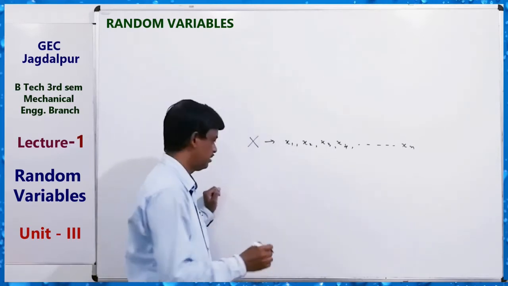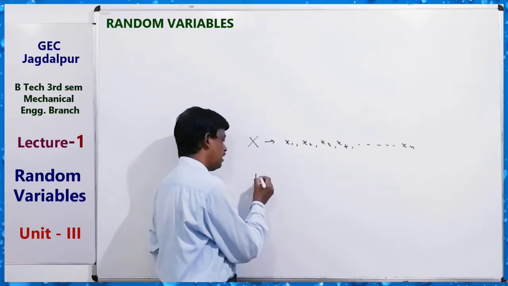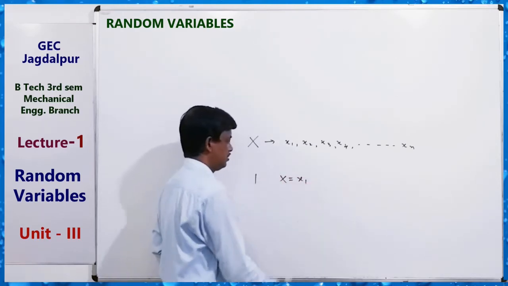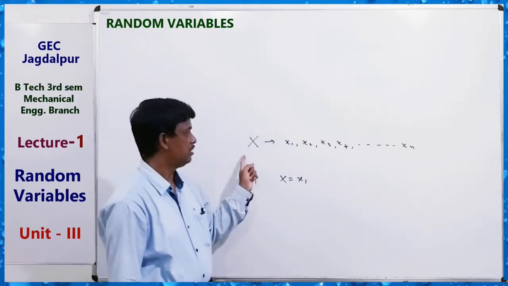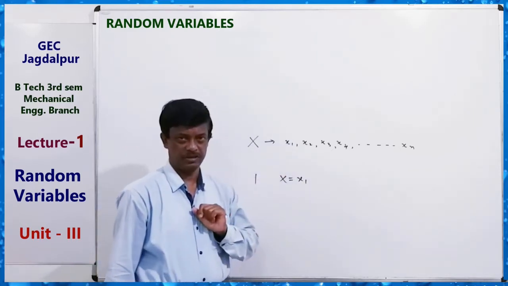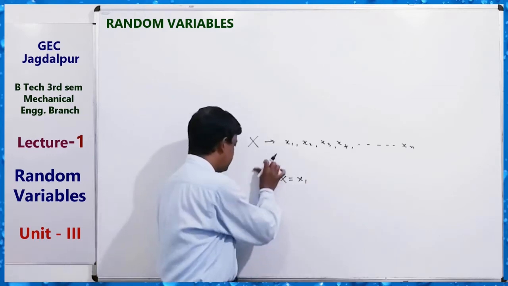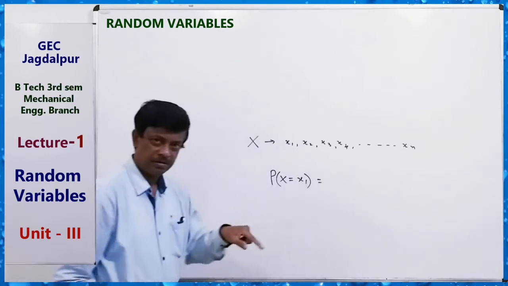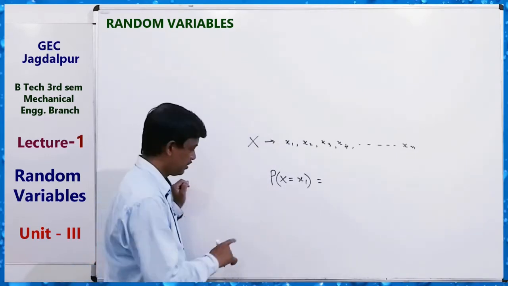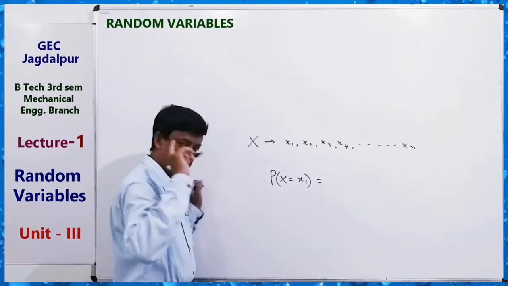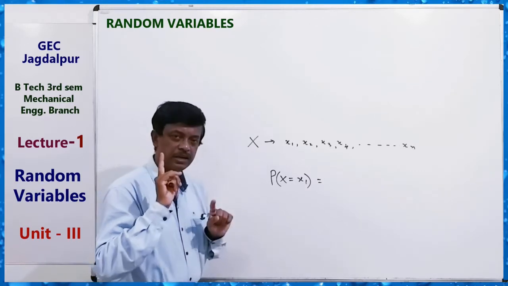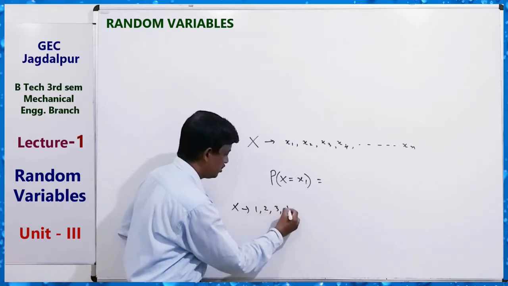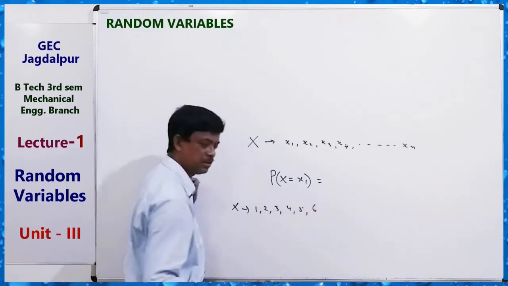When x equals x1, when the random variable takes x1, then the probability of this means, just consider throwing a die. The random variable can take 1, 2, 3, 4, 5, 6.